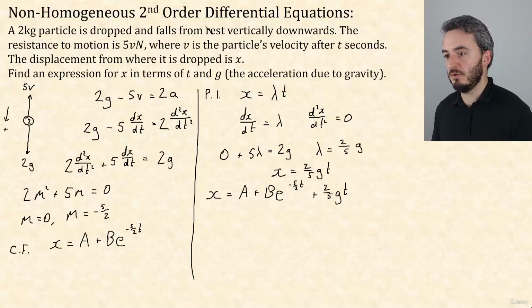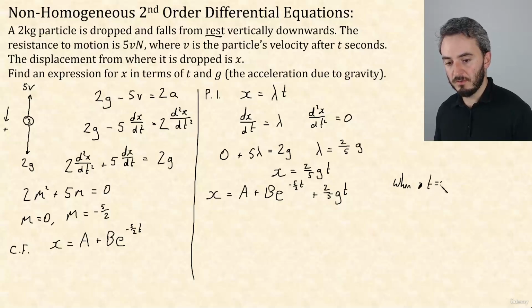Well, we actually do, because it says it falls from rest and x is measured from where it's dropped. So what we actually know is that when t equals 0, x equals 0, but it starts from rest, which means v is 0, but v is dx by dt. So we actually have some nice boundary conditions there.